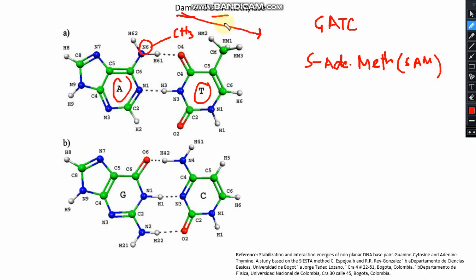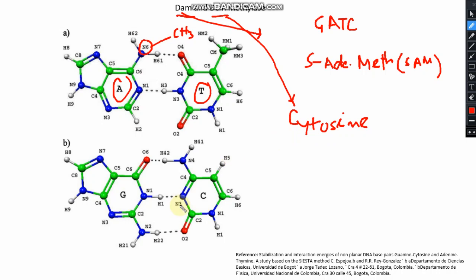So this is about the Dam methylase, and also the Dcm methylase. Their jobs are similar, like adding the methyl group, but their characteristics are a little bit different. As the name suggests, the C represents the cytosine, and the Dcm methylase only adds the methyl group in the cytosine residues, at the C5 position.